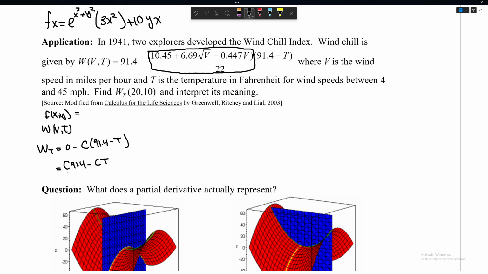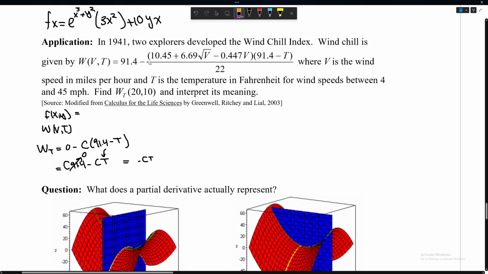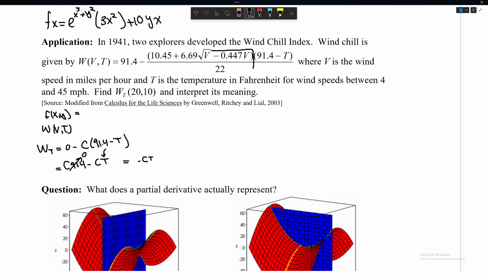This is constants. When you derive a constant, it goes to 0 because we're deriving in terms of t. And so what this will equal is a negative ct, right? I forgot to include this negative in my thing, so let me include it. All right, and so this is my answer. Now let me sub c back in. So my c equals, I'm going to keep this negative.